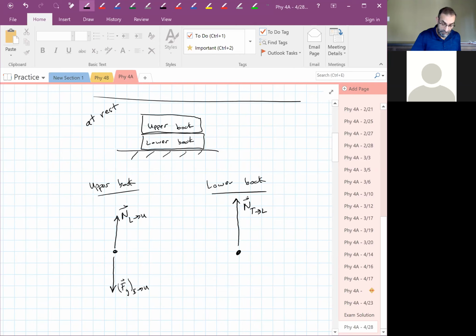And the upper book is touching it, right? Normal force, upper book on lower book. That's all that's touching it. What can reach in from a distance? Gravity. And that is the Earth on the lower book.